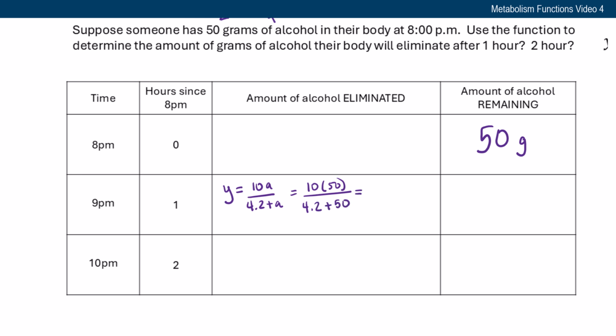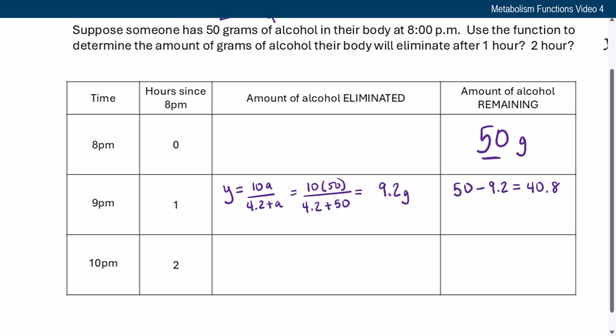Okay, and when you plug that into your calculators, you should get 9.2 grams. So that tells us that this is the amount of alcohol that is going to be eliminated from your system. So at the end of hour 1, we're going to take the 50 grams that originally was in your system and minus the 9.2 that your body eliminated, leaving us with 40.8 grams.